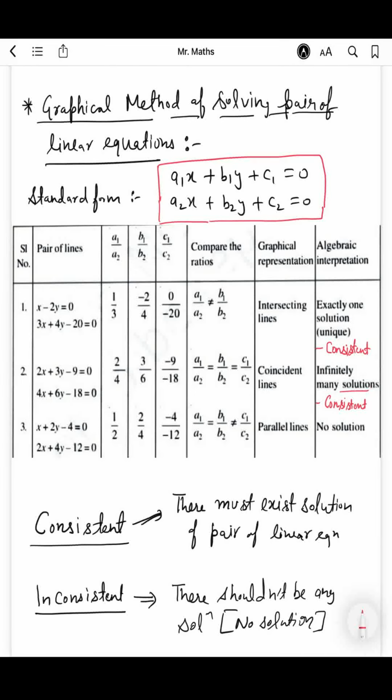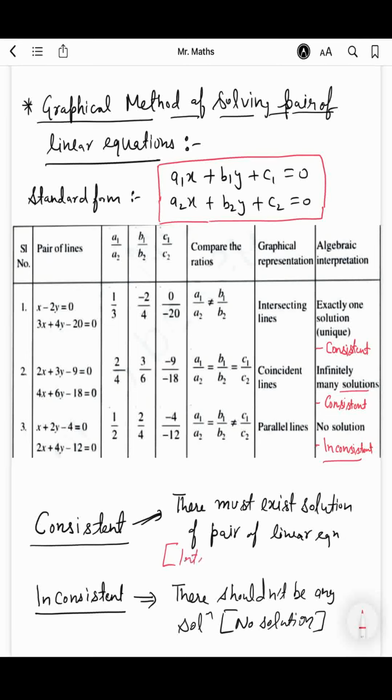Now look at the last condition, where there is no solution. In such cases, we say that the system is inconsistent. So now you can easily conclude that if lines are intersecting or coinciding, then the system is consistent, and if lines are parallel, then the system is inconsistent.